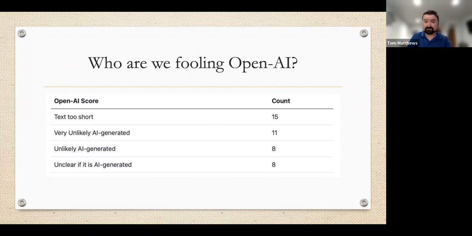None of them were caught or even said to be most likely generated by AI. There was a lot of ambiguity in their ranking system. So unclear if it's AI generated was as close as we got. And it's funny because only 6 of the original poems were written by a person. Everything else was just another recreation.